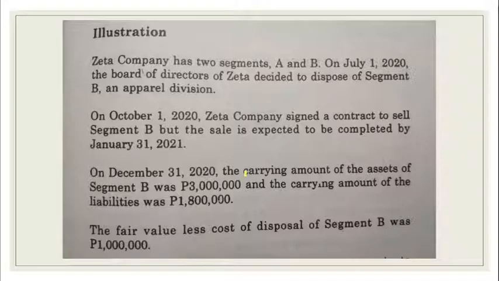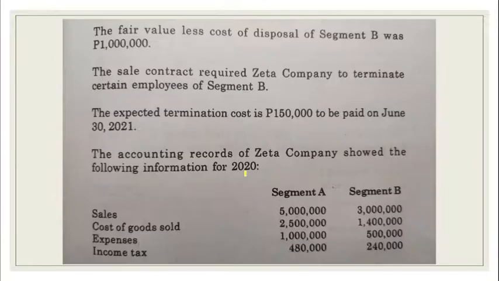The fair value less cost of disposal of segment B was 1 million. The sale contract required Zeta Company to terminate certain employees of segment B. The expected termination cost is 150,000 to be paid on June 30, 2021. So you have the following accounting records.